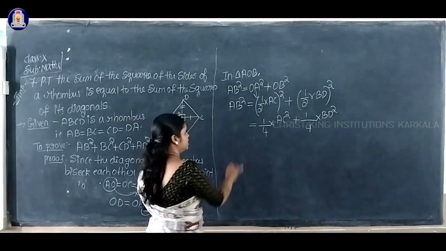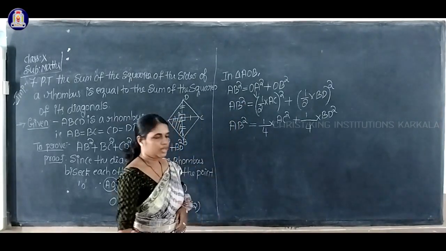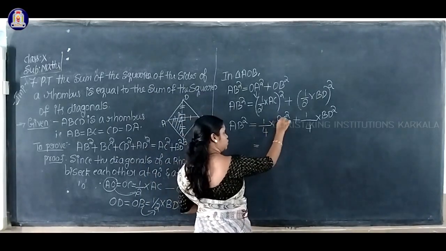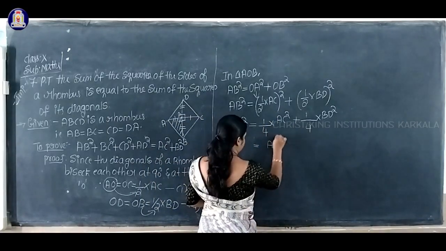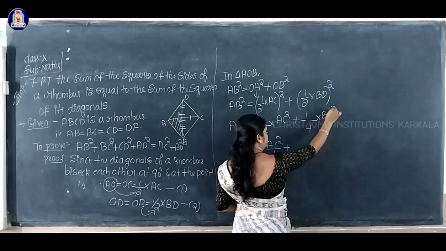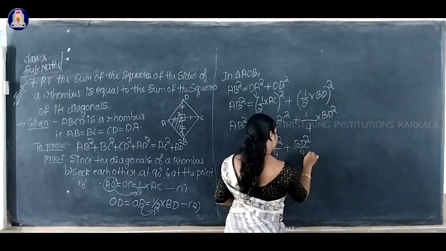What is there in the left hand side? You have AB square. Now 1 into AC square equals AC square, so AC square by 4, and 1 into BD square equals BD square, so BD square by 4.